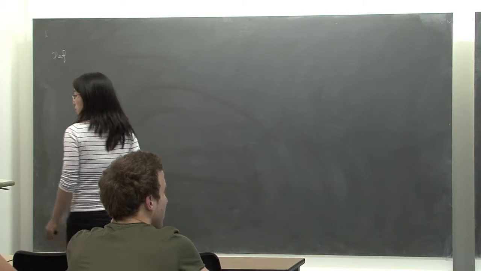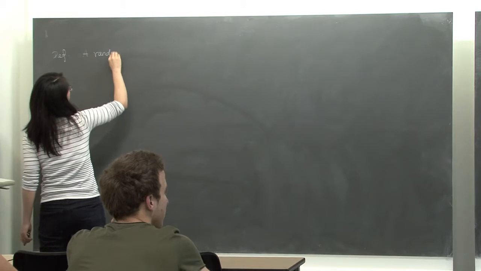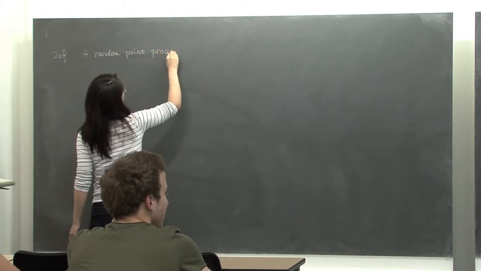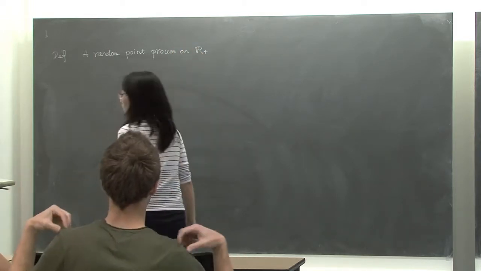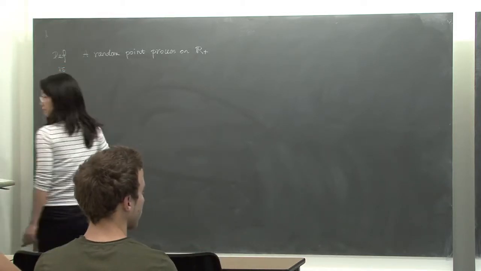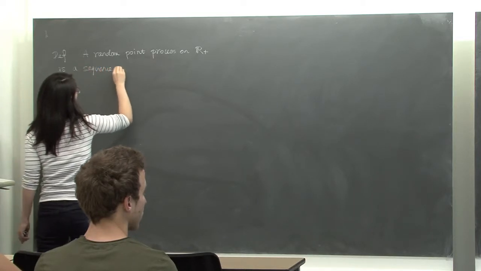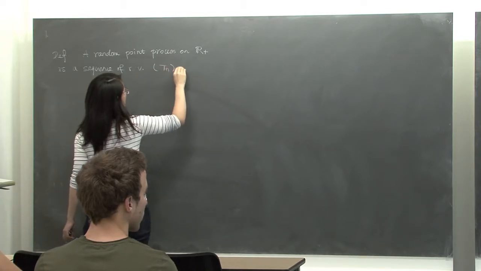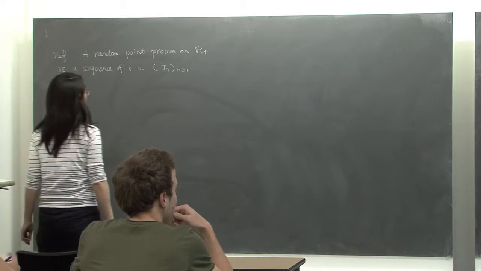A random point process on R plus is a sequence of random variables Tn such that, first, this is an increasing sequence of random variables.